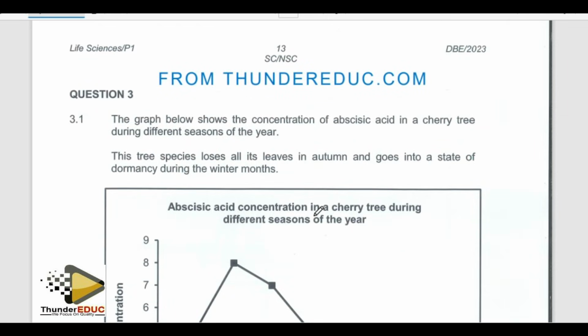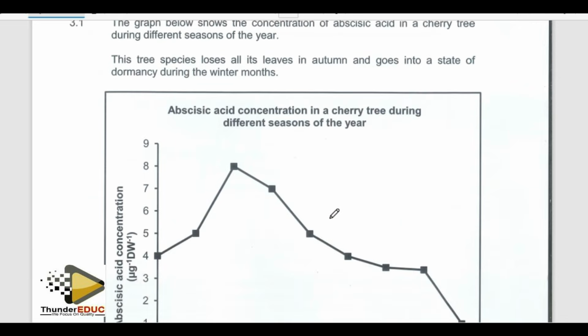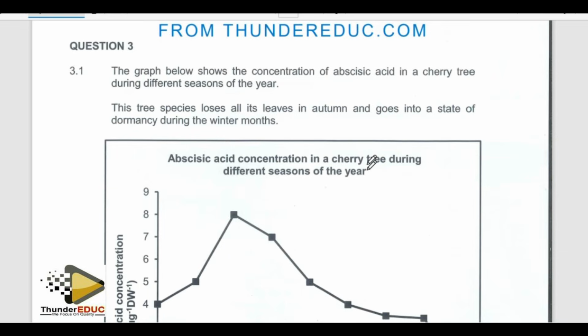They are saying that the graph below shows the concentration of abscisic acid in the cherry tree during the different seasons of the year. They are saying that this tree species loses all the leaves in the autumn and goes into a state of dormancy, meaning that this tree, in science we call them deciduous plants.